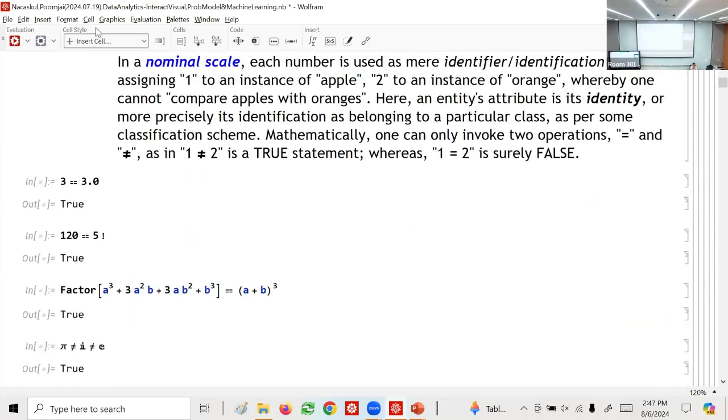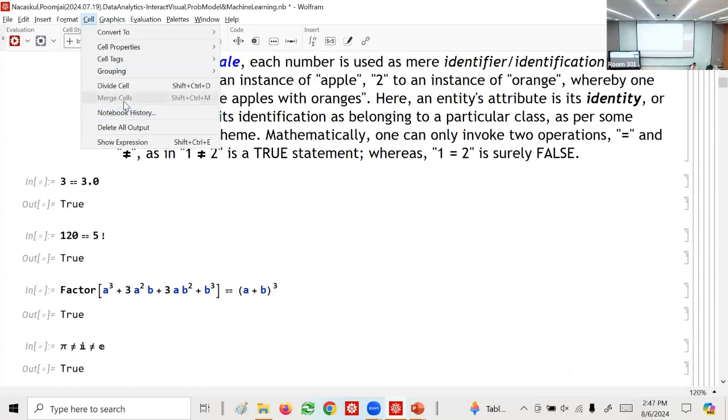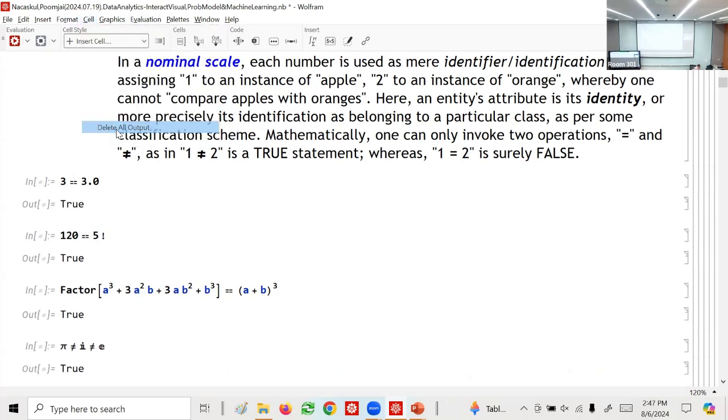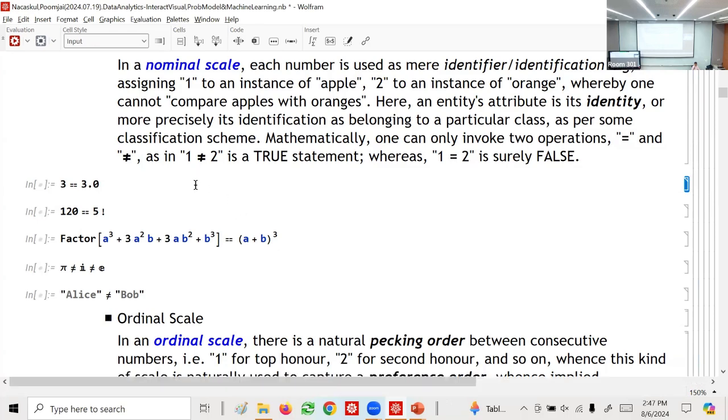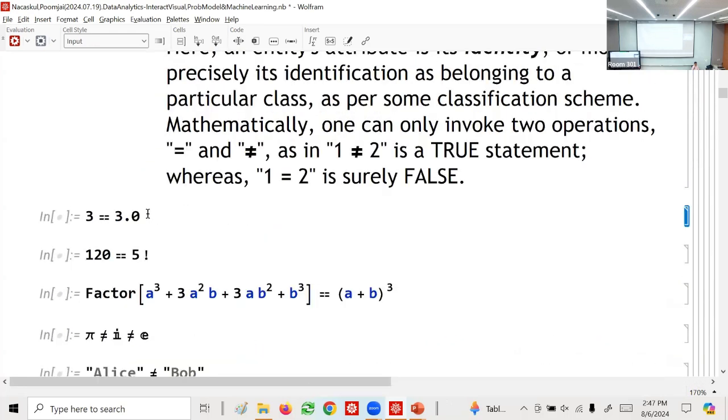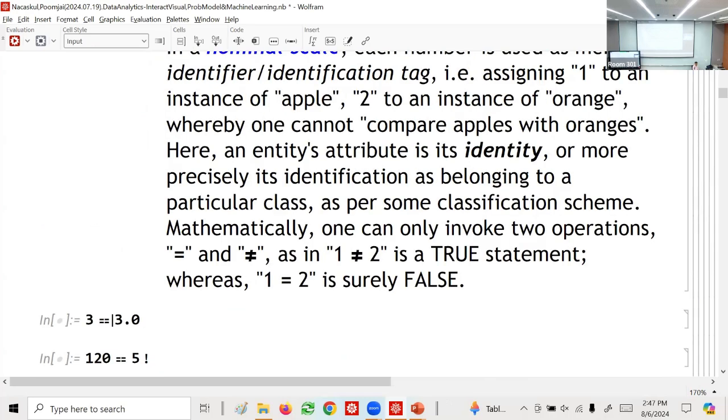Okay, now let me delete our output. Right now, by the way, we're going to do an introduction to Mathematica, and you're going to see that later. But just like a Jupyter Notebook, there's a cell, right? So this cell, let me make it bigger, these are basically instructions. My question is: 3 equal 3.0?